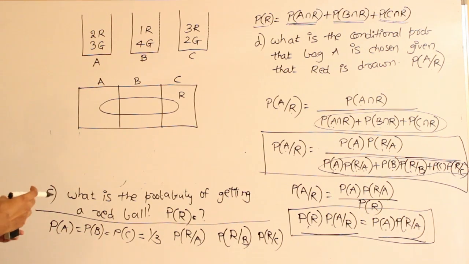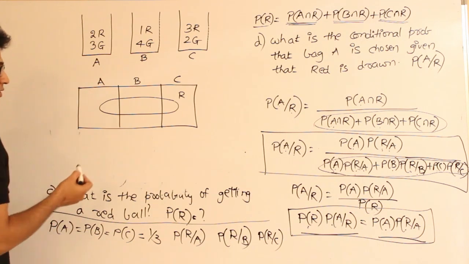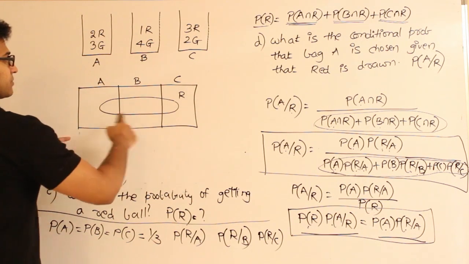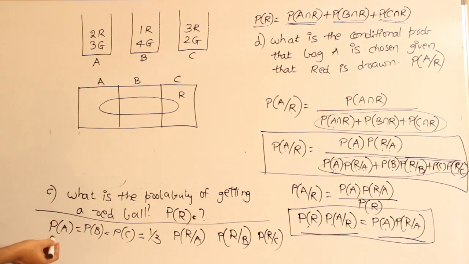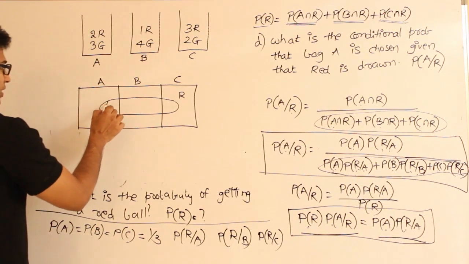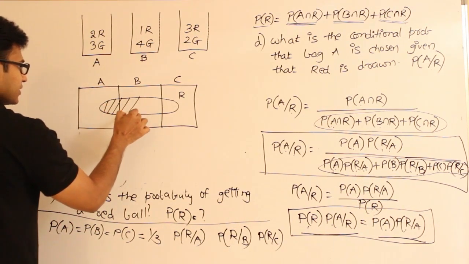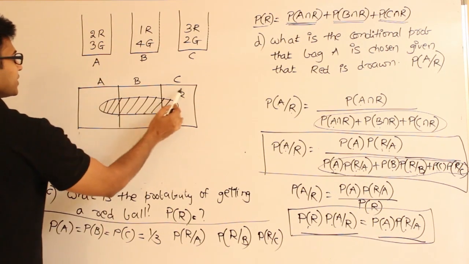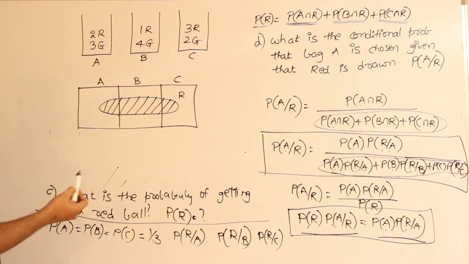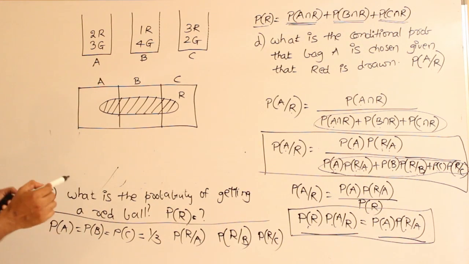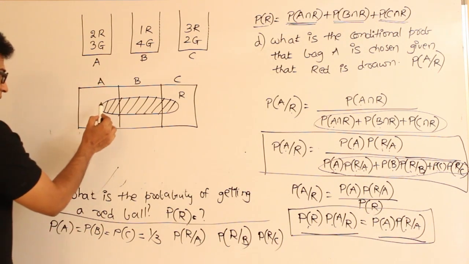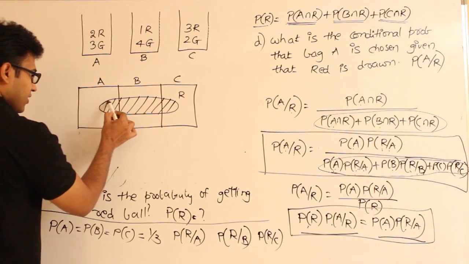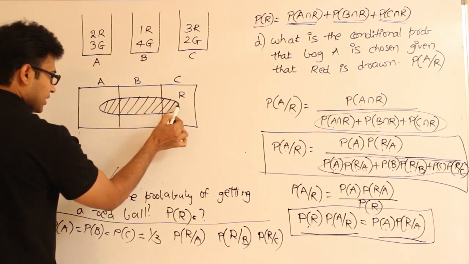And whenever they have declared that the event R has already happened, which means the red ball has already been drawn, then according to the conditional probability in this sample space, we have to change the probabilities. To all the elements which are present here in this region, we have to give the full probability, and to all the elements which are outside this, we have to make the probability 0, which means in effect the new sample space is actually present only in this region.